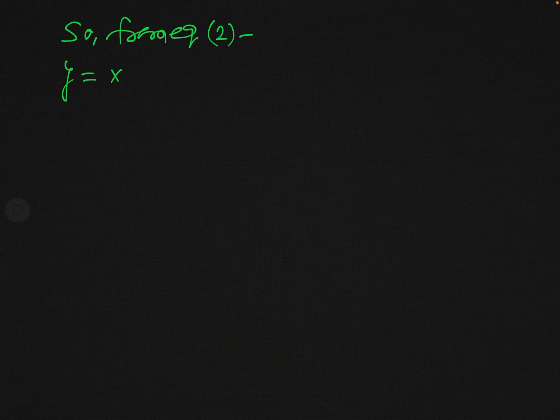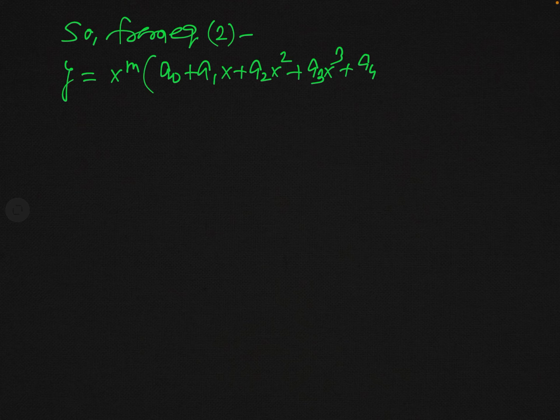This is x to the power m times a naught plus a1x plus a2x square plus a3x cube plus a4x4 and plus so on.